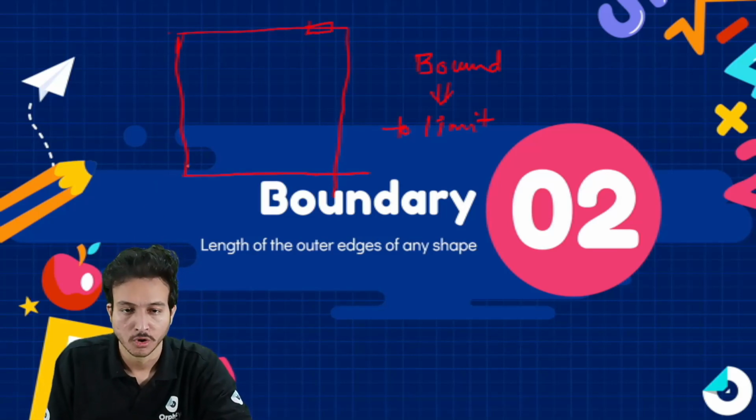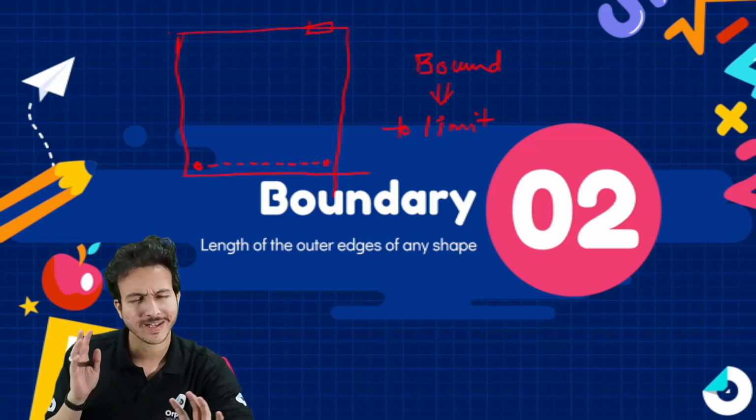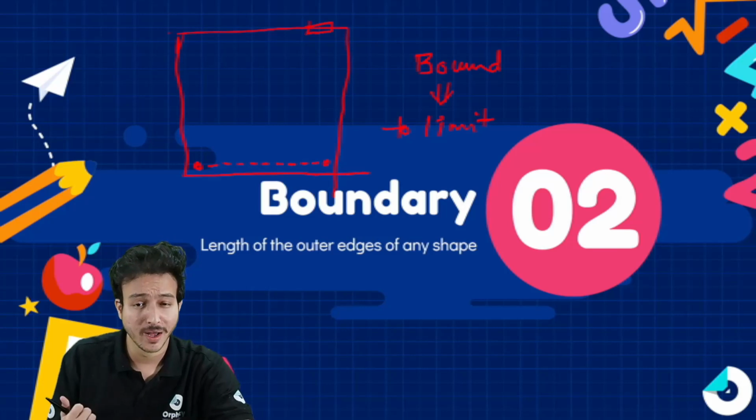Okay, so let's see, you are standing over here. Now you start walking along this side. You are walking, but now reaching this point you can't go ahead because there is the wall, which is stopping you from going ahead.